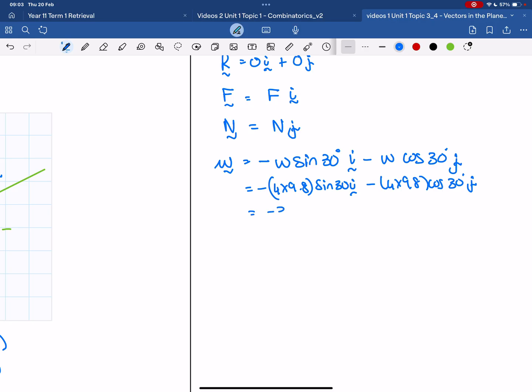So negative 39.2 sine of 30 degrees i minus 39.2 cos of 30 degrees j.